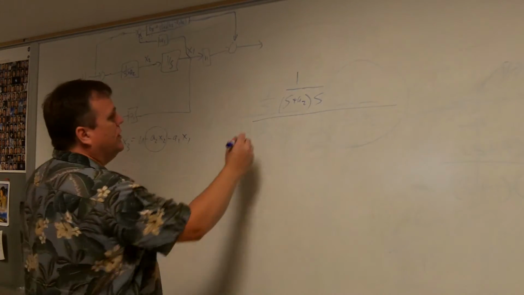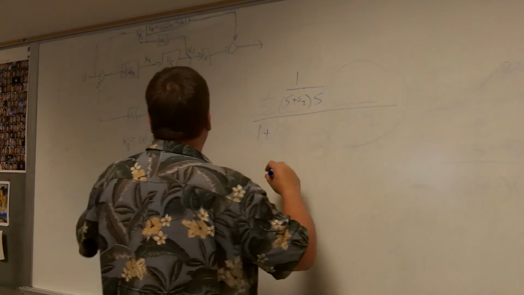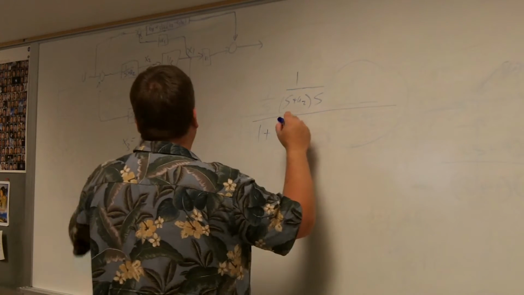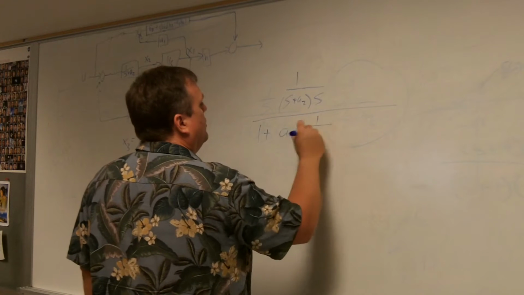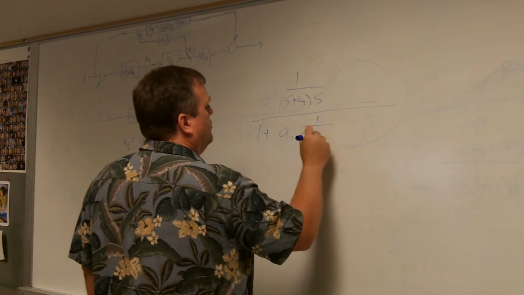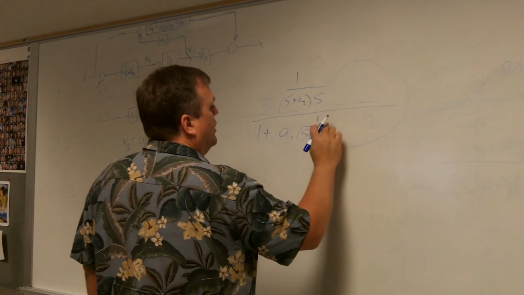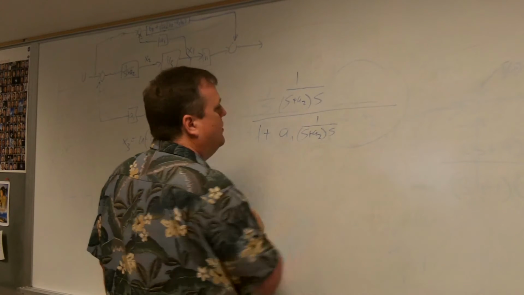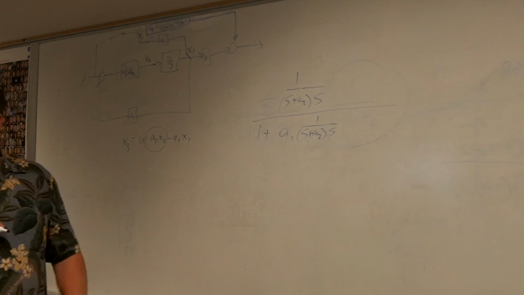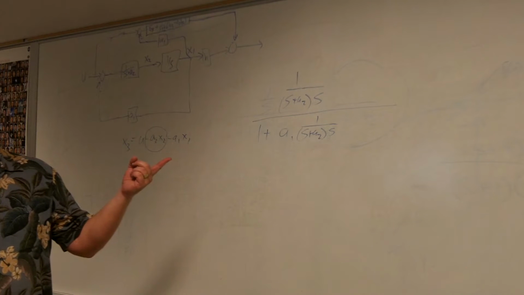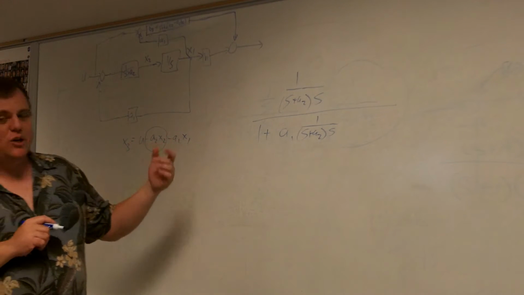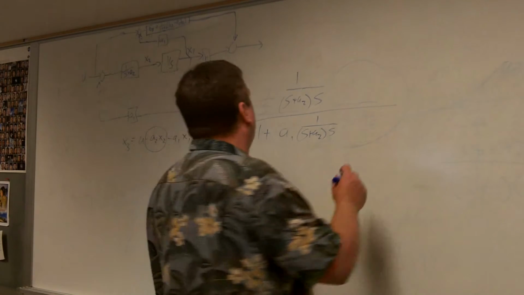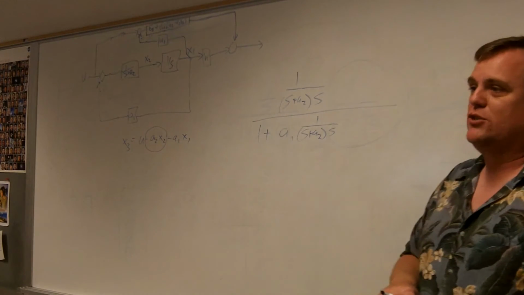And then the bottom is 1 plus a1 times top, which is 1 over s plus a2 times s. Fair enough? That's ugly looking though. Multiply by the s plus a2 over 1. Yeah, you could do 1 over 1, which is s plus a2 times s. That's one way of thinking of it.